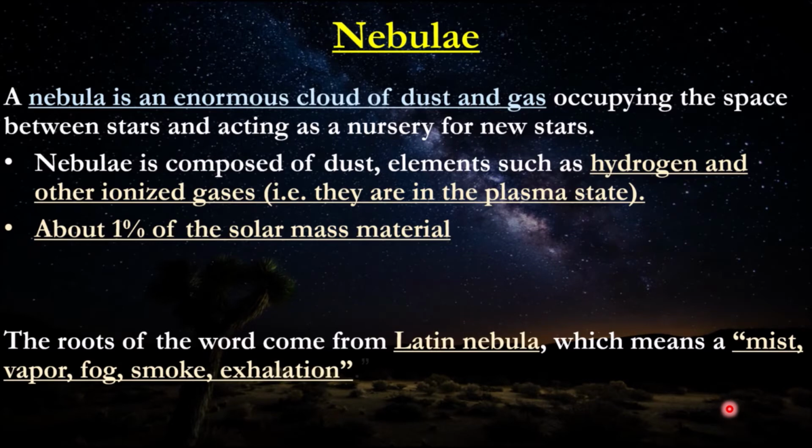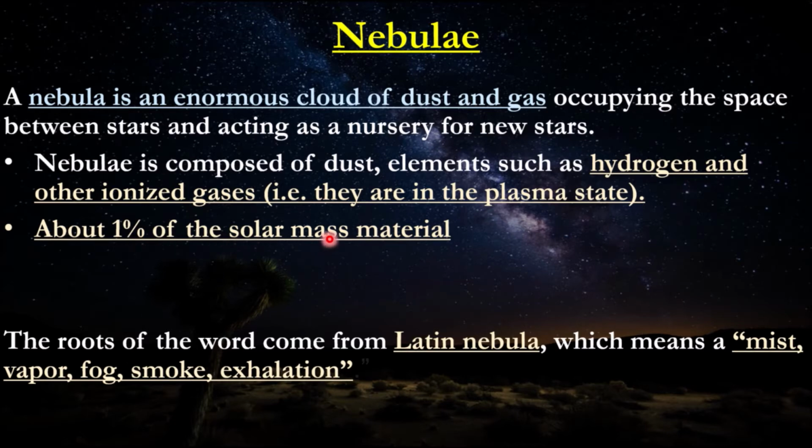So a nebula is an enormous cloud of dust and gas occupying the space between stars and acting as a nursery for new stars. So this is like the beginning stage that all stars need to start off with. Okay, it's made of mostly hydrogen and ionized gases. Again, like we said before, it's in the plasma state. It's about 1% of the solar mass.